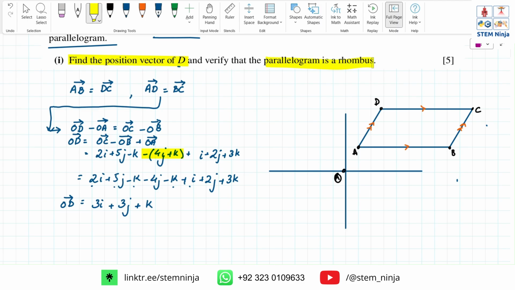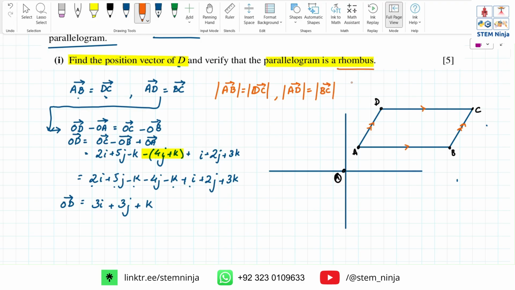Now we need to verify that the parallelogram is a rhombus. We have established that AB is equal to DC. This means that not only are they parallel, the magnitude of AB is also equal to the magnitude of DC. Same goes for AD and BC, so the magnitude of AD is equal to the magnitude of BC.